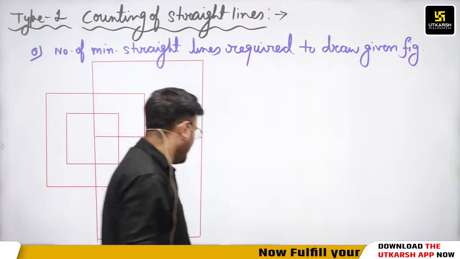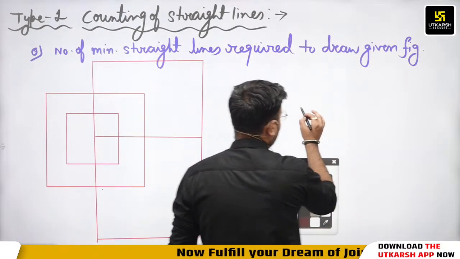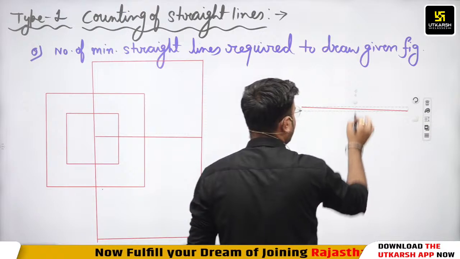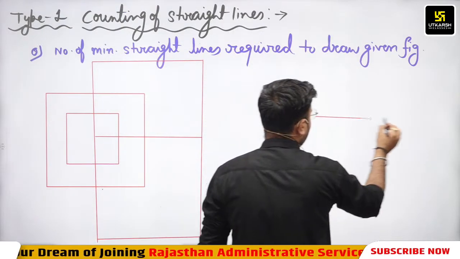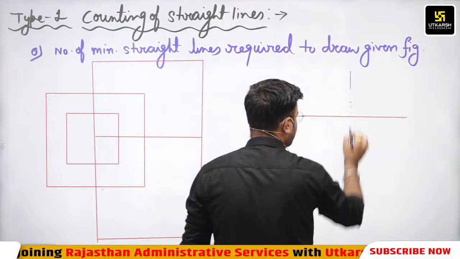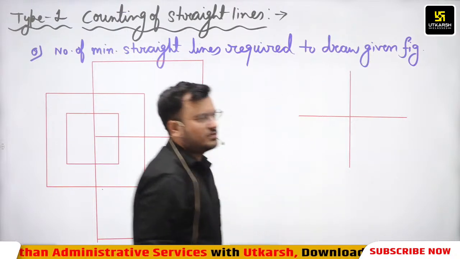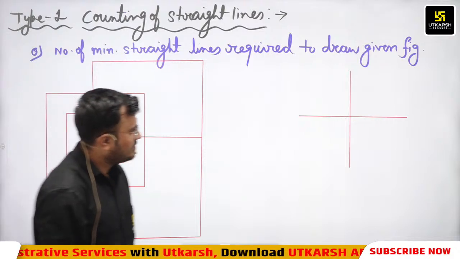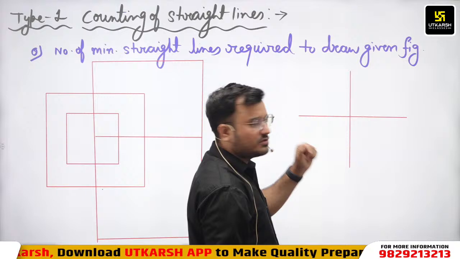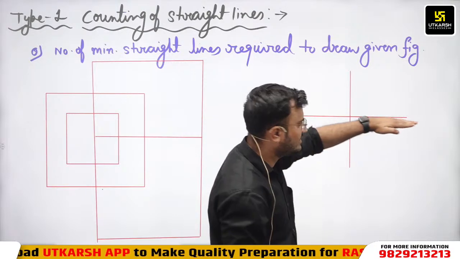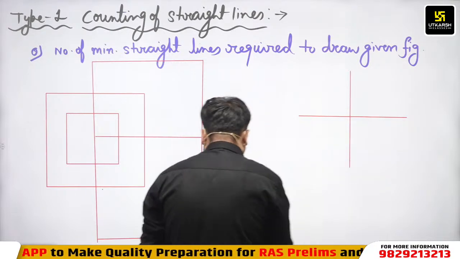One more thing we need to understand. For example, if this is a straight line and one more straight line is drawn in this way, this is the first straight line and the second one is drawn in this way. If we are going to count the straight lines, we will consider this as a single line, not in two parts.